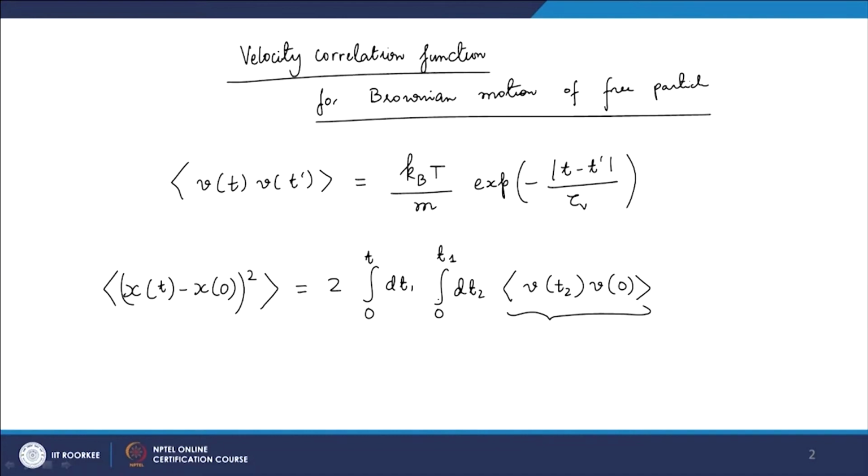Anyway, we integrate T2 from 0 to T1, so it is always higher than 0. So, this is e to the power minus T2 by tau v multiplied by kBT by m. So, this becomes 2 kBT by m, integral from 0 to t of dT1, and then we integrate the exponential.